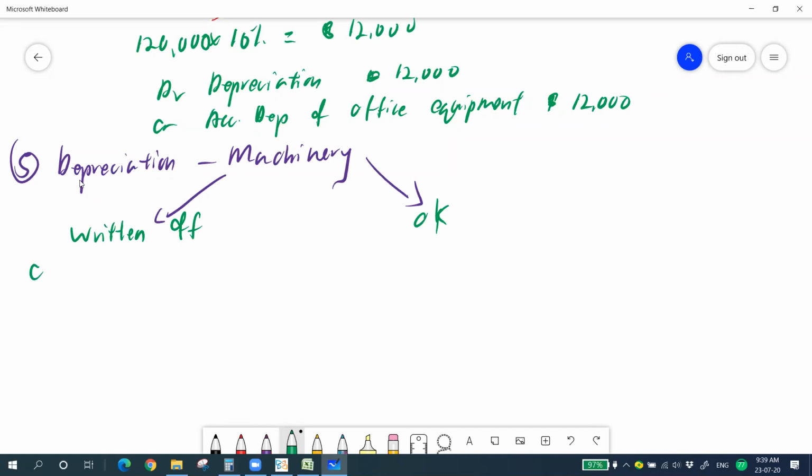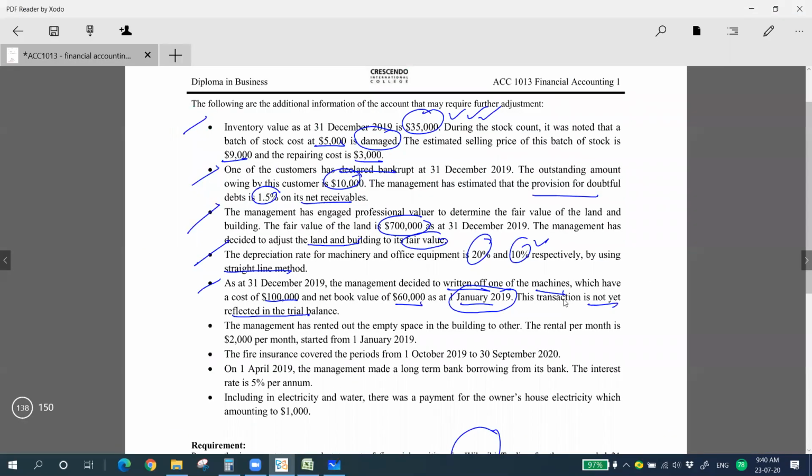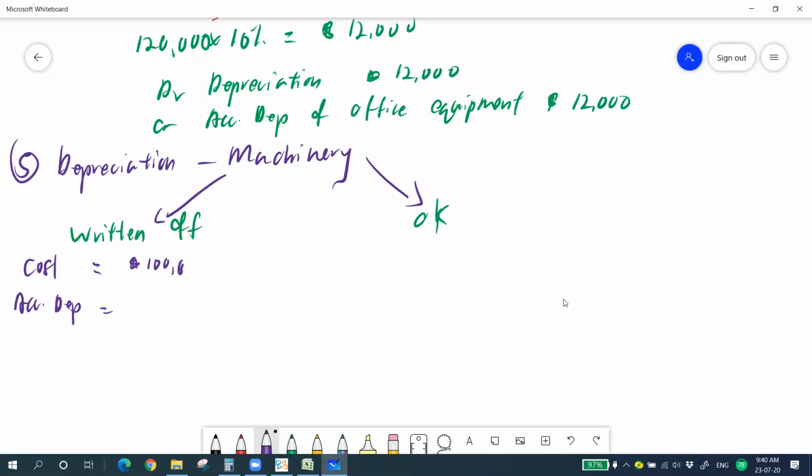So the cost for the damaged one is how much? The cost and accumulated depreciation. The cost for the written off is 100,000 and 60,000, right? Now for the okay, no issue one, let's have a look.